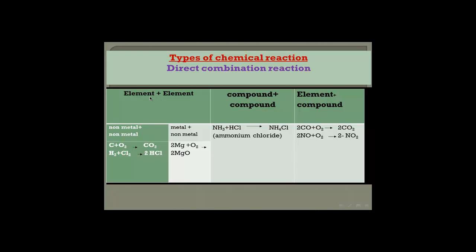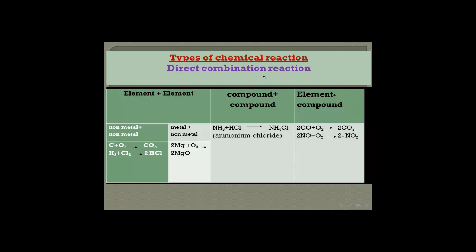The first one, combination between element and element, as non-metal with non-metal, like the reaction between carbon and oxygen will give carbon dioxide. Hydrogen with chlorine will give hydrochloric acid. The reaction of element with element may also be metal with non-metal, as magnesium with oxygen will give magnesium oxide.